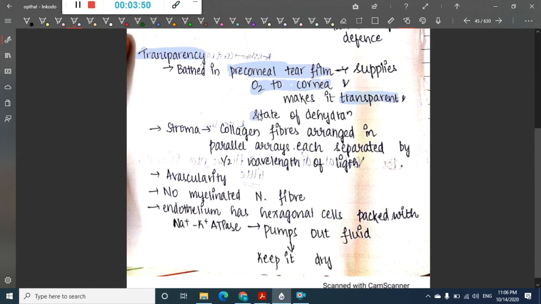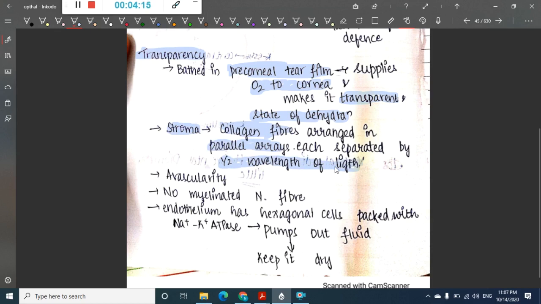A state of dehydration will also make the cornea transparent. Then cornea also has a stroma. In the stroma, the collagen fibers are arranged in parallel arrays, each separated by half the wavelength of light.